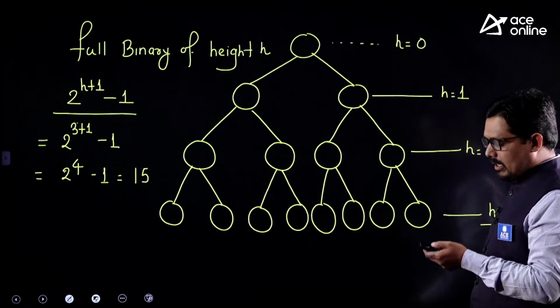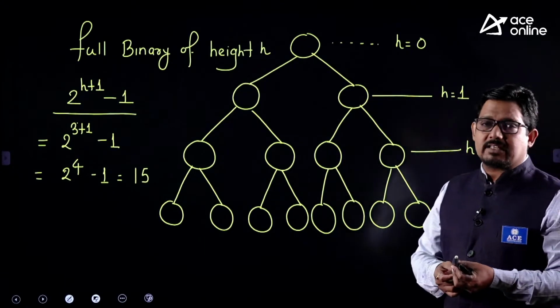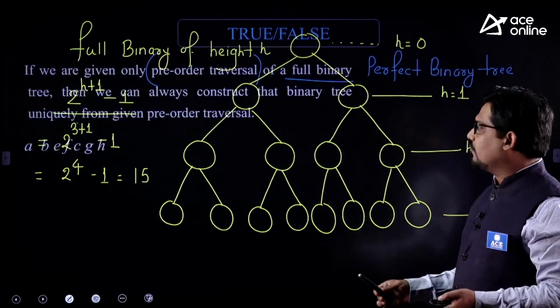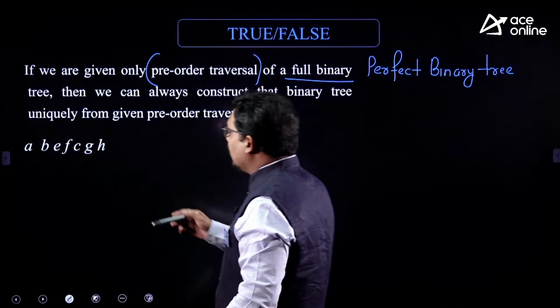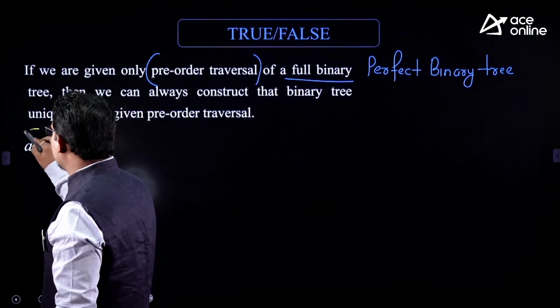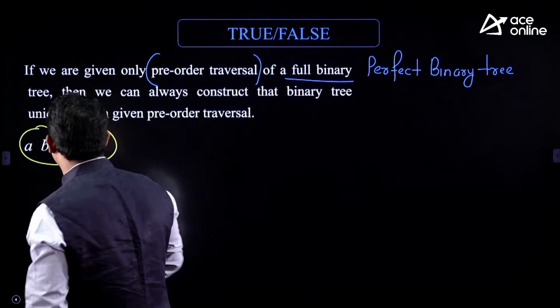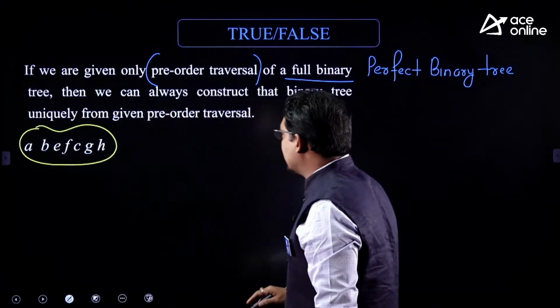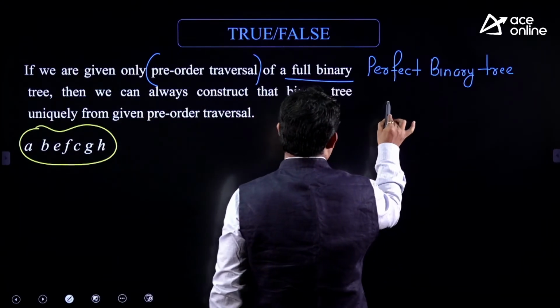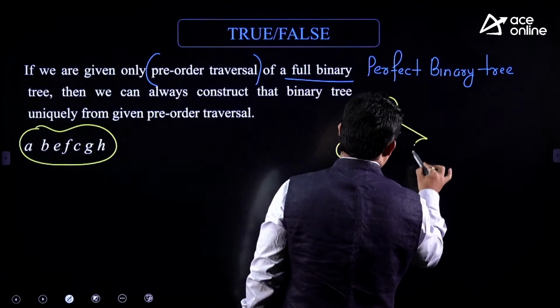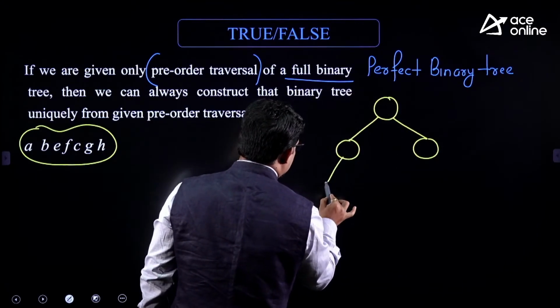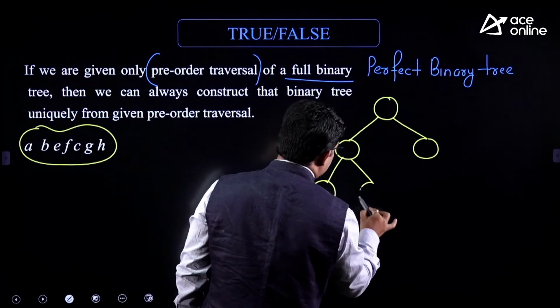So here the number of nodes is fixed and, moreover, the structure is also fixed. Here a full binary tree is given to you, and we know that this has 7 nodes. You can count it, 7 nodes are there. That means I know the structure. I know that this full binary tree has this structure.